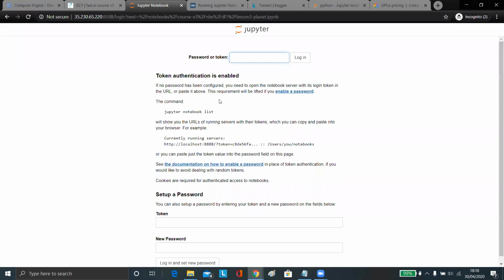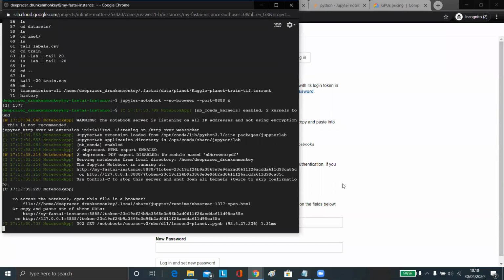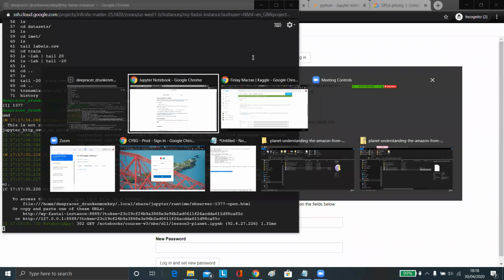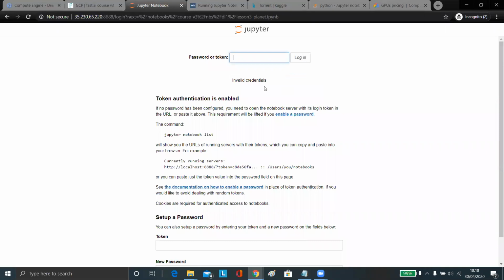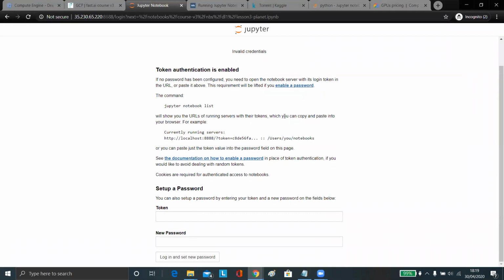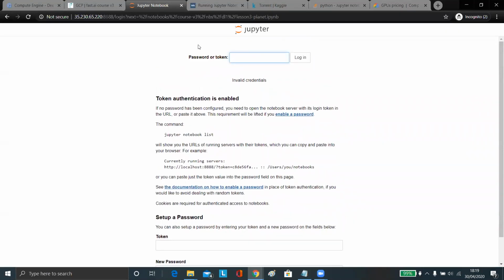Okay, so it's asking for the token. The token's over here. Grab that, paste it in there and log in. Well, that's weird. Hold on, that shouldn't have happened.